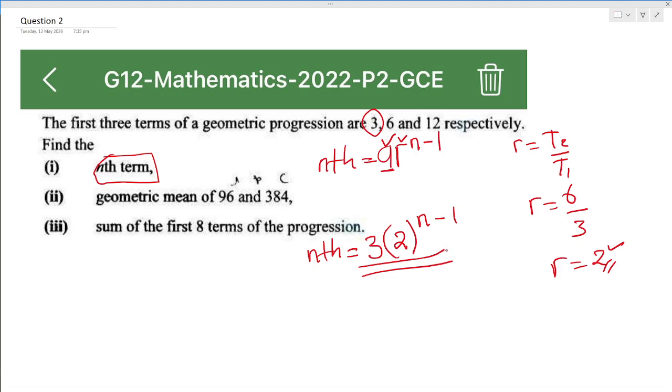That is the formula for finding the nth term. Now someone will say, but are you not supposed to multiply these values? Well, you say 3 times 2, giving you 6 to the power n minus 1. You should remember BODMAS strictly.